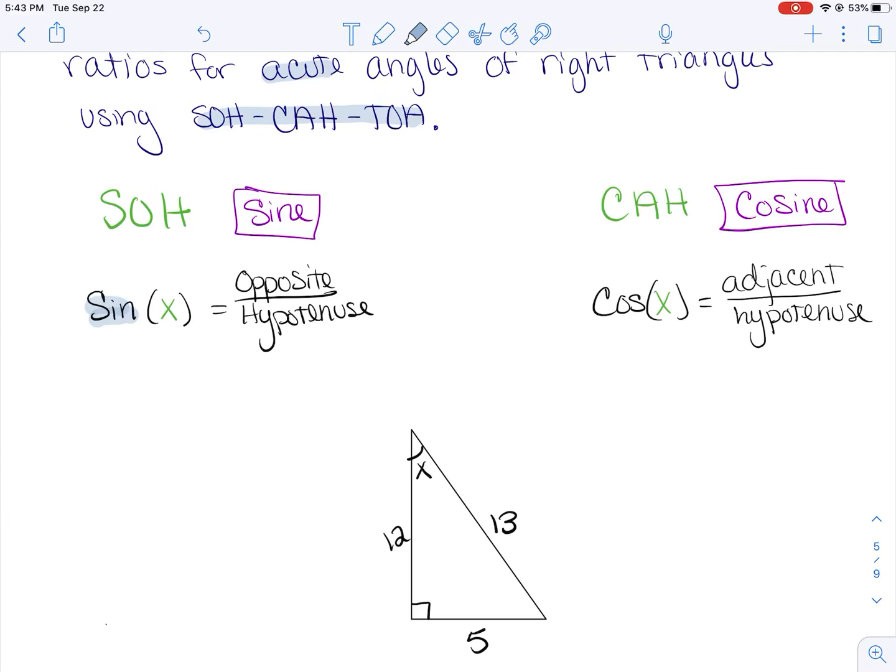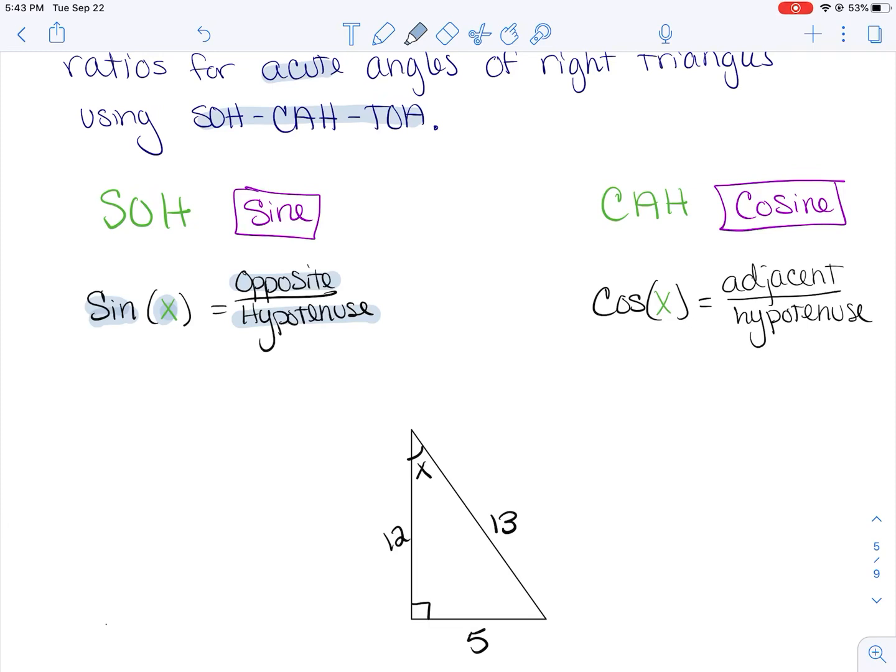And in order to find the ratio that helps us find the sine of an angle in a right triangle, we need to know, from the particular angle you're looking at, so in our case x here, which side is opposite that angle and which side is the hypotenuse.